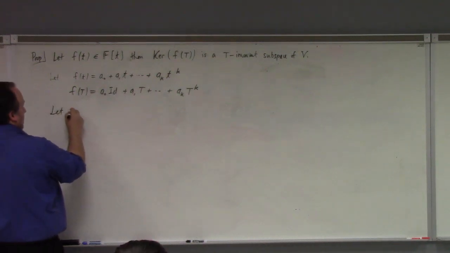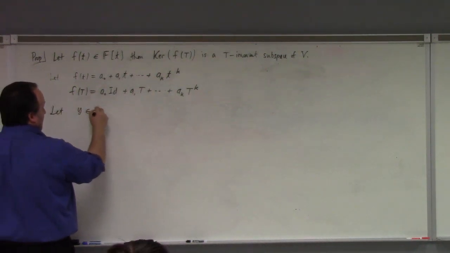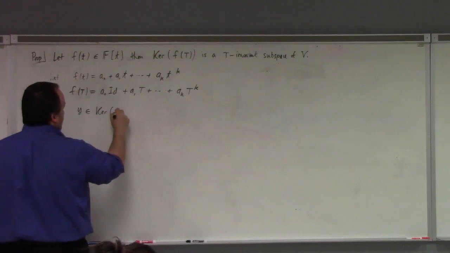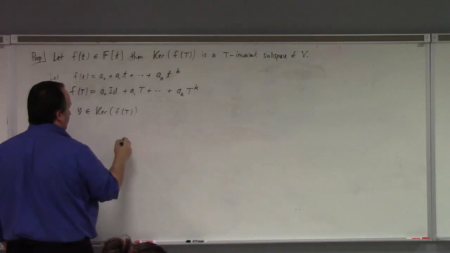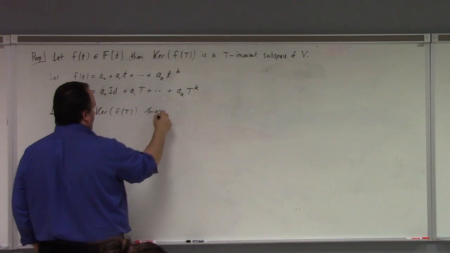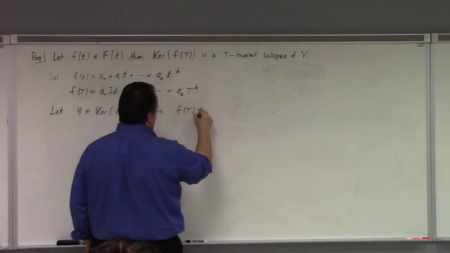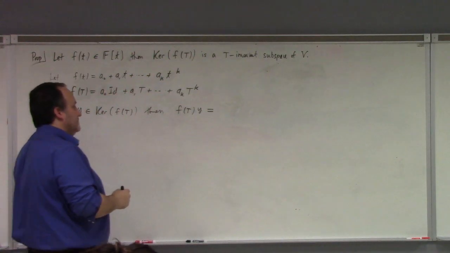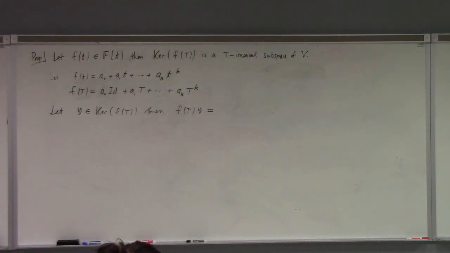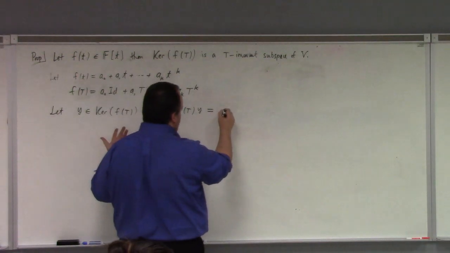Let y be an element of the kernel of f of T. What's that mean? That means f of T acting on y is equal to what? This is 0, right?